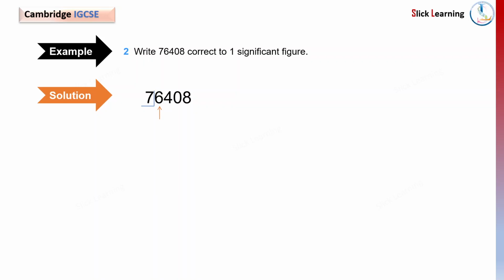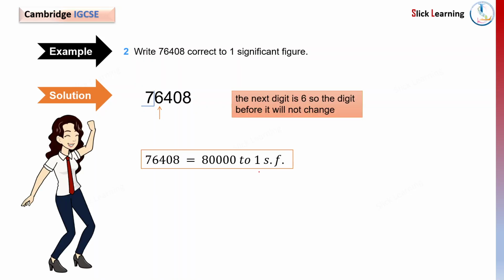So obviously we are going to add 1 to 7, and the rest of the digits are going to be 0. So 8 and 0000, so that's going to be 80000, which has only one significant figure.